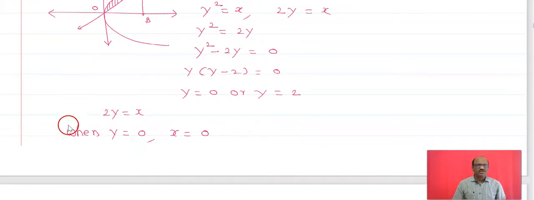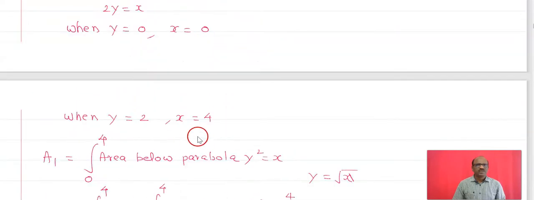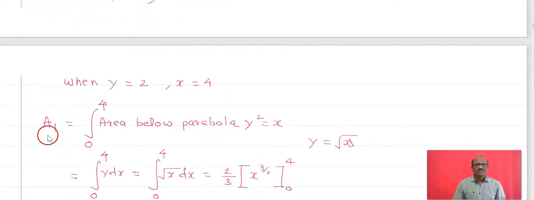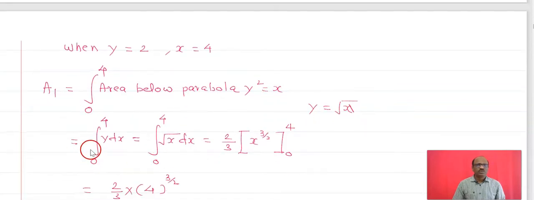We know that 2y is equal to x. When y is equal to 0, x is equal to 0. When y is equal to 2, x is equal to 4. Therefore, the A1 is 0 to 4, area below the parabola y square is equal to x. That is y is equal to root of x. 0 to 4, y dx, 0 to 4, root x.